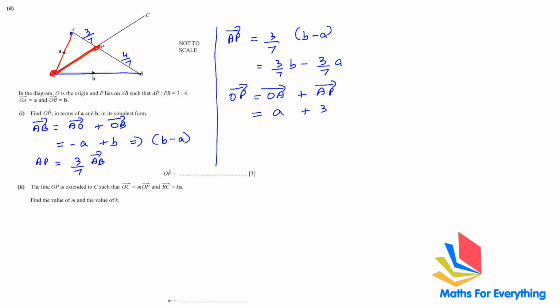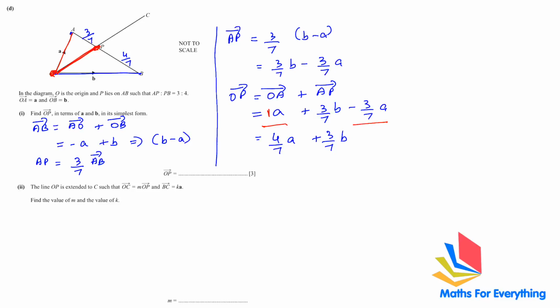What is AP? 3/7 b minus 3/7 a. Add the like terms together. So 1a, if there's nothing, then there's a 1. So 1a minus 3/7 a will give you 4/7 a plus 3/7 b. That's your answer.